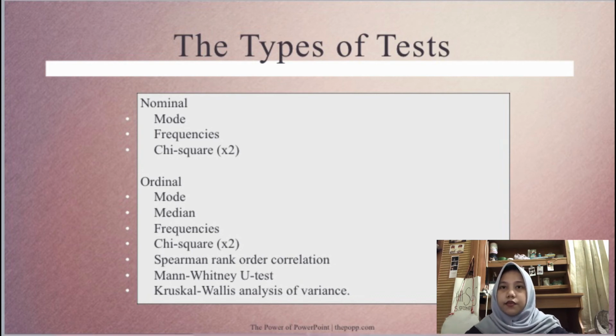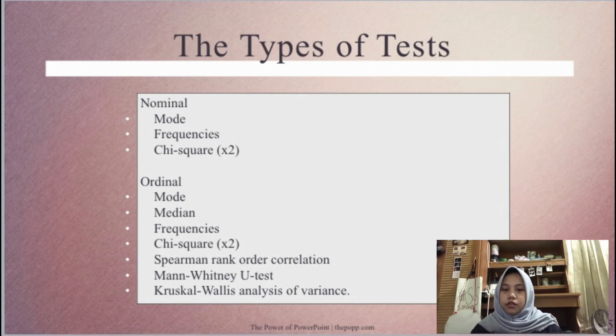And next, frequencies, chi-square, and Spearman rank order correlation, which is a statistic to measure the degree of association between two ordinal variables. For example, like rank position. Rank position in the class and in the sport club is different, so we can analyze and measure the degree of association between those two variables.